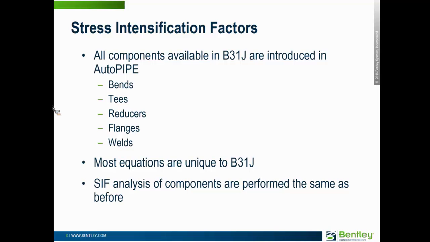Also got a question: when do we expect ASME to incorporate B31J? And the answer to that is, we're waiting as much as everybody else is to find out when the code will be released. I think they're in the final stages of that, but nobody can be sure except for ASME themselves. Yeah, B31J is currently a standalone code.